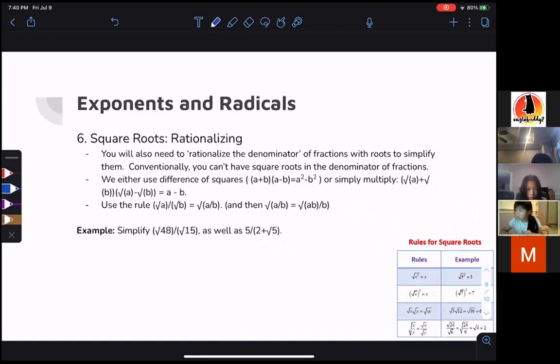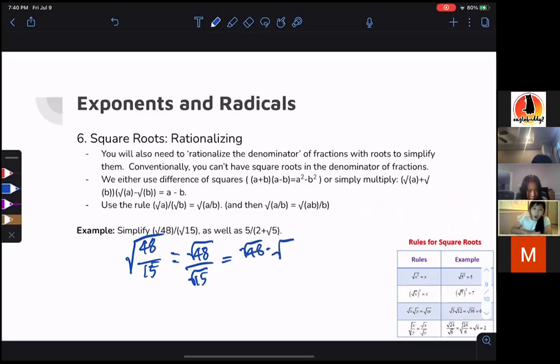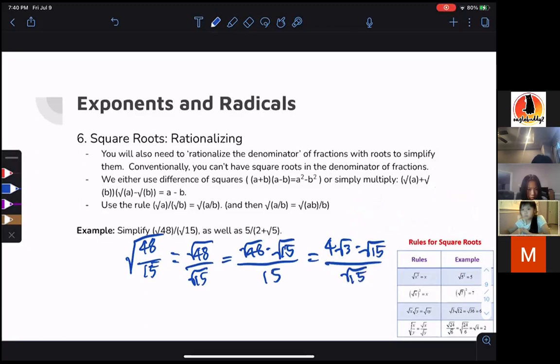And for simplifying the numerator, we got 4 square root 3 over square root 15 times square root 15 over square root 15, and it got 4 square root 45 over 15, and that is the same as 12 square root 5 over square root 15. So simplifying, 4 square root 5 over 5.